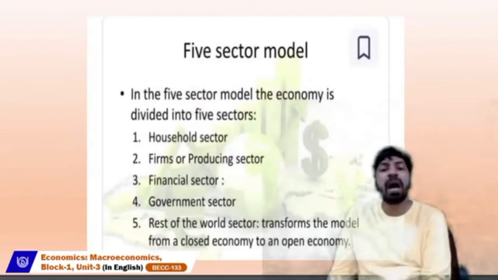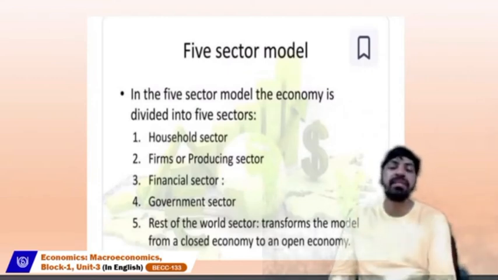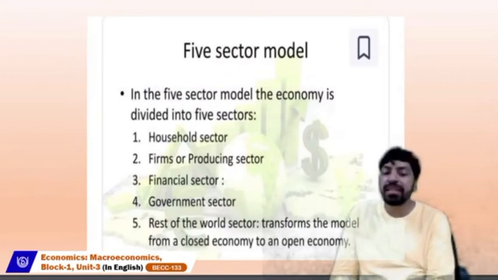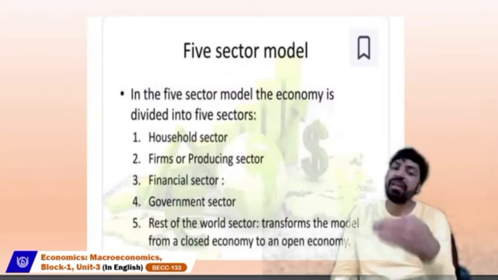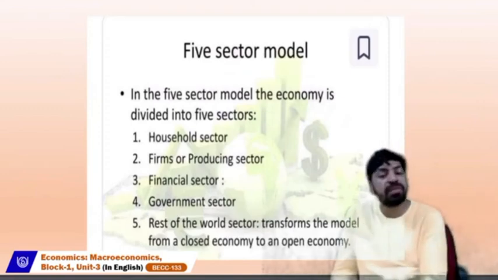Next we talk about the five sector model. The four sectors remain the same: the household, the firm or producing sector, the financial sector, and the government sector. The fifth, new component is the rest of the world.